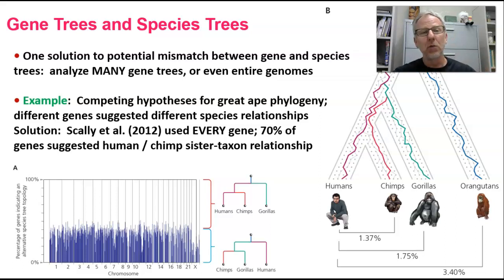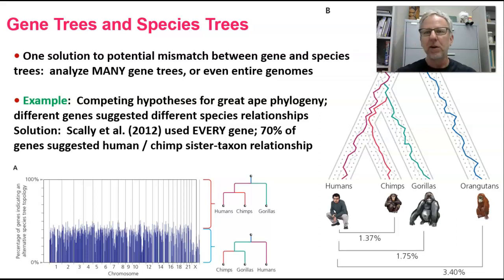So when this was done with humans and chimps and gorillas and orangutans, it was found that overall 70% of the gene trees suggest a human-chimp relationship consistent with the anatomy. 30% suggest a chimp-gorilla relationship, a minority. So by looking at the entire genomes, we're able to zero in on a clearer picture.